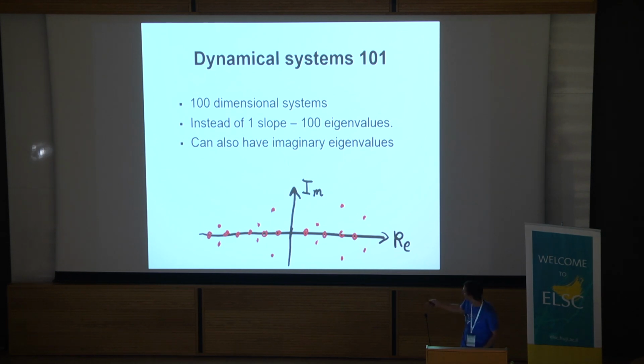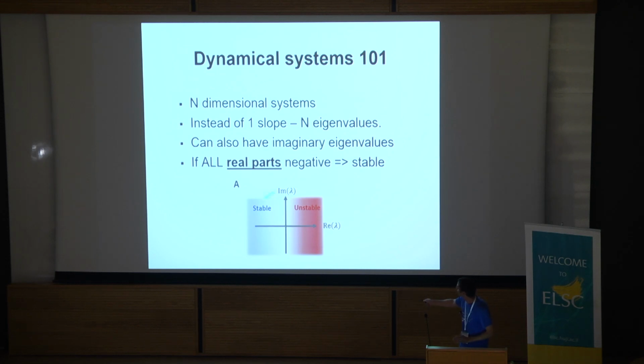But still, it's okay. We don't care about the imaginary part. If you want stability, all we need is negative, stable, positive, unstable. All we care about is the real part of these eigenvalues. Okay, so that's the conclusion of dynamical systems. You have eigenvalues. If all of them are on the left, we're okay, things are stable.